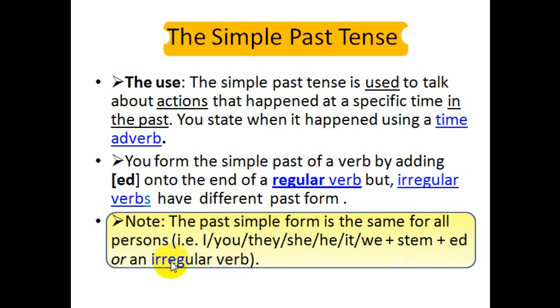But the irregular verbs, we have one of these persons plus an irregular verb. And we'll see what are the forms of the irregular verbs according to the simple past in the following pages.